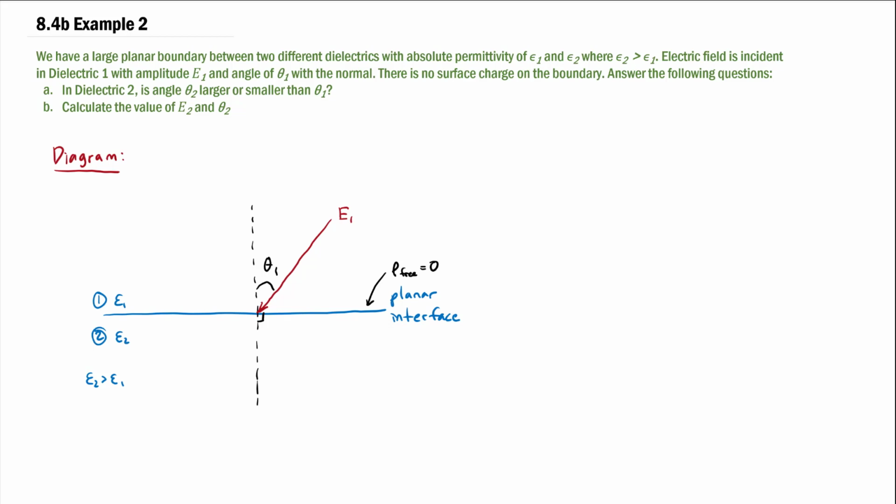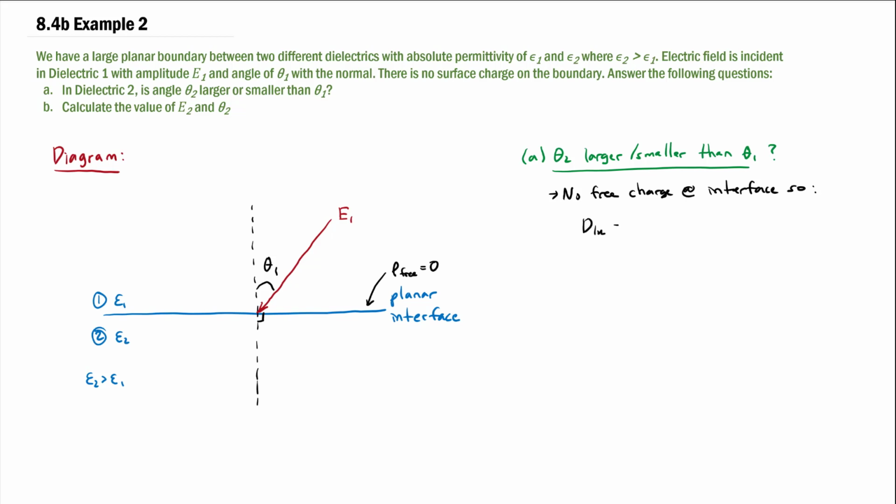For part A, we're trying to figure out if theta 2 is larger or smaller than theta 1. So because there is no free charge at the boundary or interface, we can use the normal boundary condition for dielectrics and say D1n is equal to D2n.